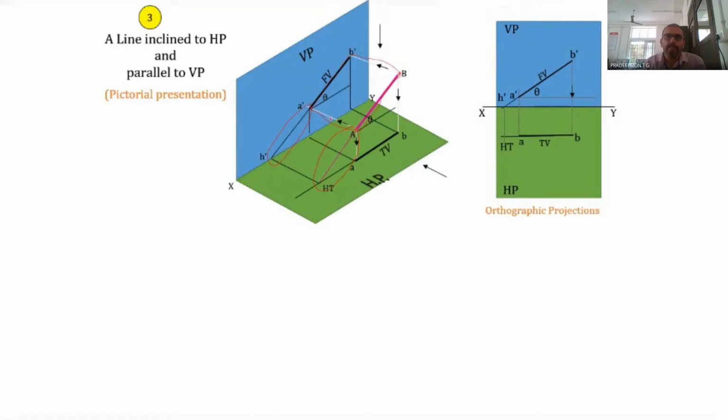So in this case, this distance is equal to this distance, since VP is parallel to this line. Since this is a rectangle, this angle is 90 degree as well as this angle is 90 degree. So these two angles are 90 degree. Obviously, this also has to be 90 degree. So this line is equal to the length of this line. This capital AB should be equal to the length of A dash B dash. That is the case of the front view.